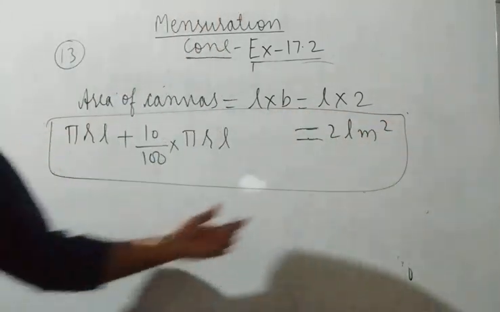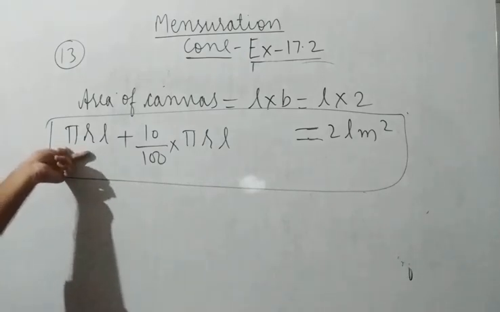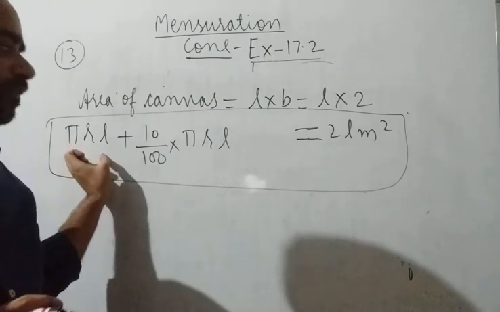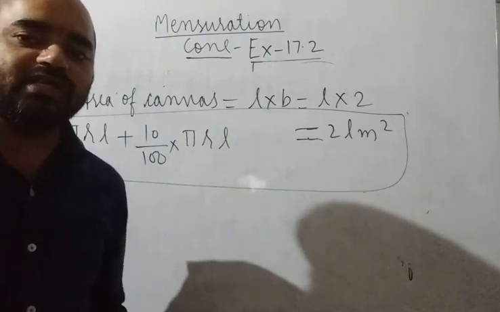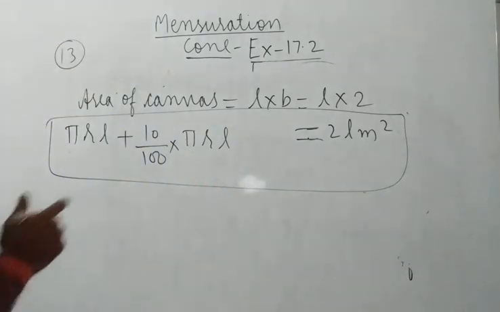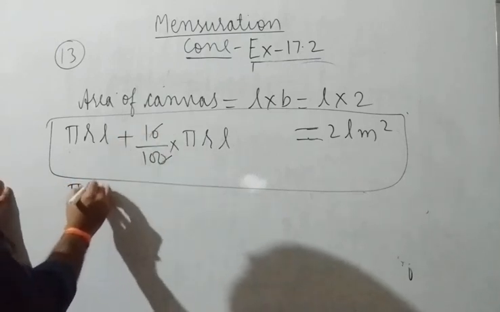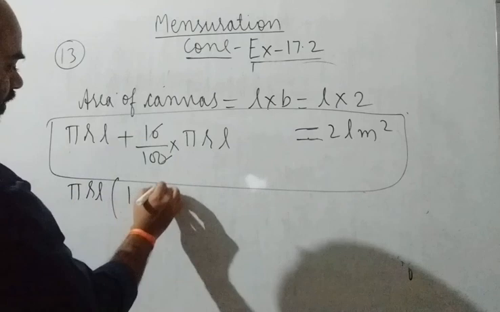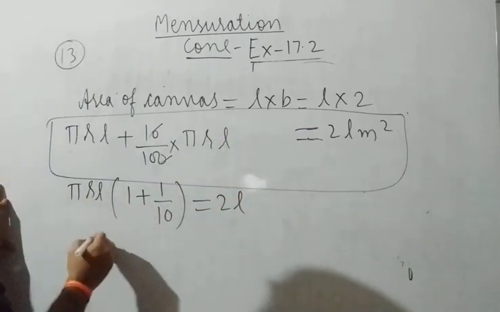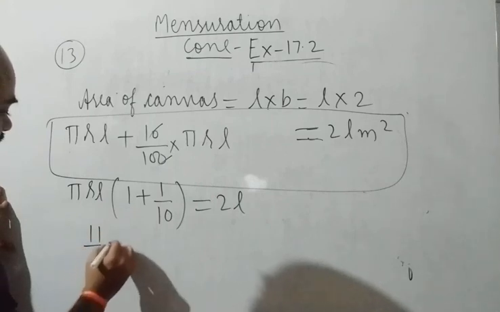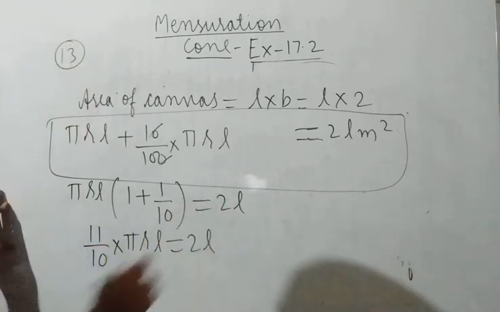Area of canvas 2L will be equal to curved surface area plus 10% of curved surface area, that is used in folds and stitching. Correct? So pi r l is common, that will give 1 plus 1 by 10, which is 11 by 10 into pi r l is equal to 2L.